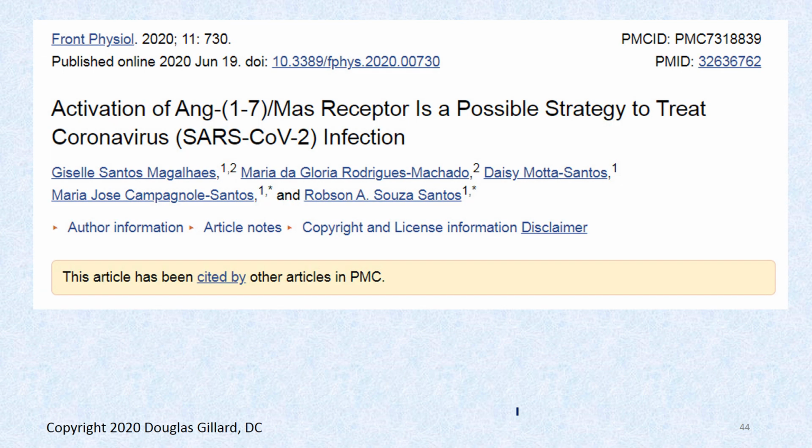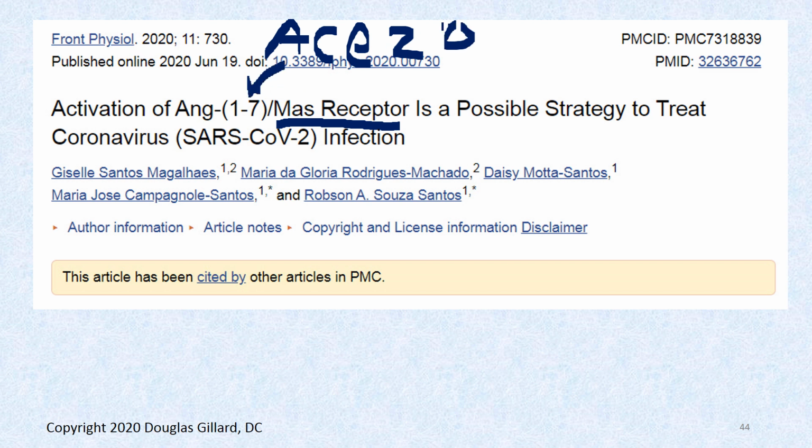All right, just some of the research that's interesting. This angiotensin 1-7 MAS receptor, in people with COVID, they're trying to figure out a way to activate these MAS receptors. We can't activate them. How come you can't activate them in someone with COVID? Because the ACE2 receptors, which make angiotensin 1-7, are shot.